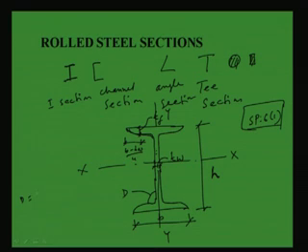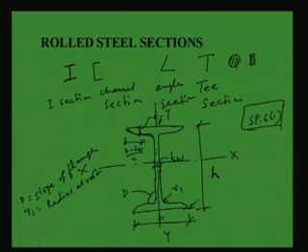D is nothing but the slope of flange, and this is called R1, radius at root. And this is R2, radius at toe.